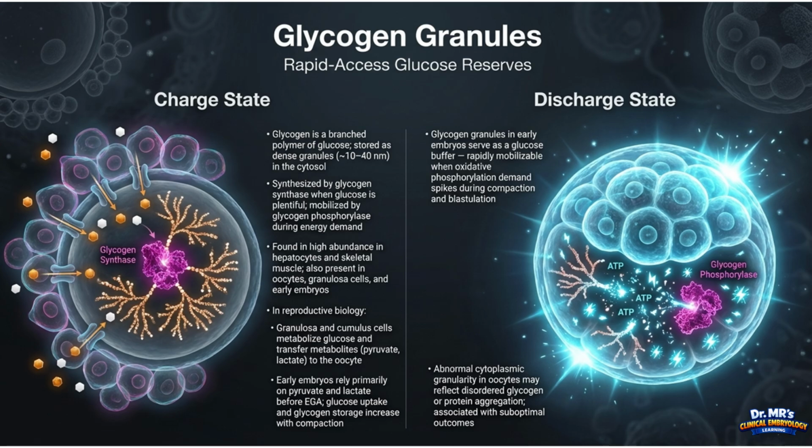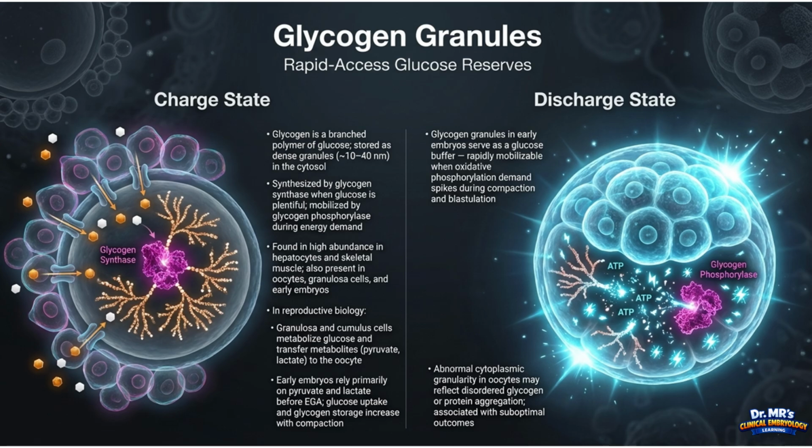It is synthesized by the enzyme glycogen synthase when glucose is plentiful and mobilized by glycogen phosphorylase when energy demand rises, releasing glucose units that can immediately enter glycolysis. In the body as a whole, glycogen is most abundant in hepatocytes and skeletal muscle. In our clinical context, it is also present in oocytes, granulosa cells, and early embryos, where it plays a nuanced and important supporting role.